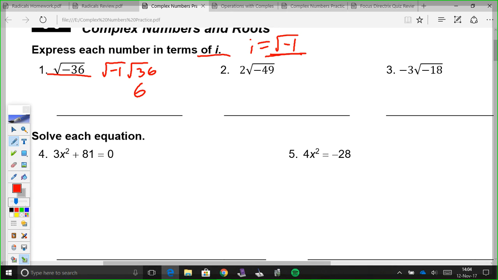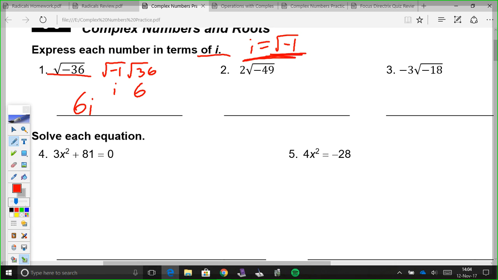That's a regular old-fashioned 6, right? Square root of 36 is 6. Now, the square root of negative 1, again, this is what we're going to call i. So anytime I see that square root of negative 1, we're going to be calling it i. Making my answer i6, or a better way of putting it would be 6i.